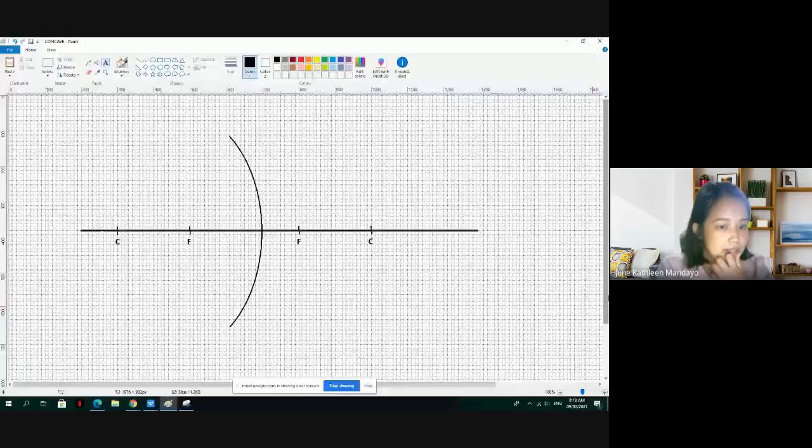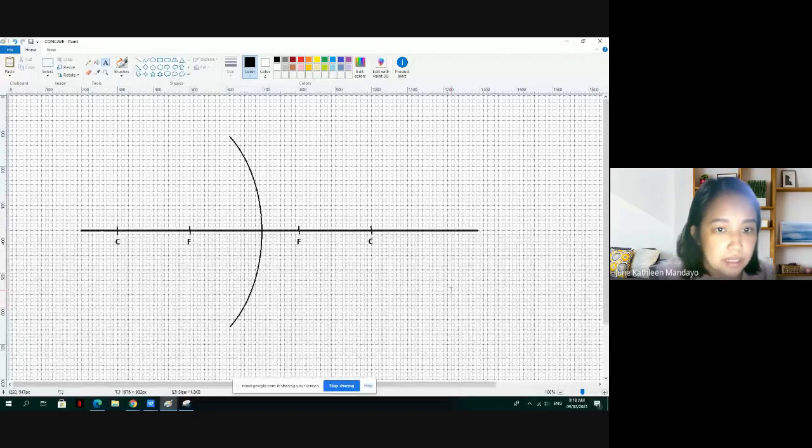Kasi for the next part of the discussion, you really have to know how to illustrate these images. Okay? So, I have here an illustration. Kinopya ko lang.